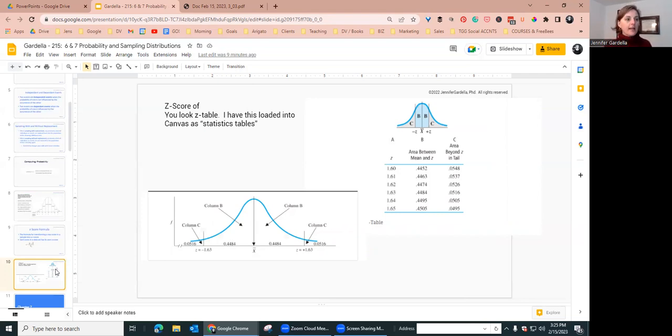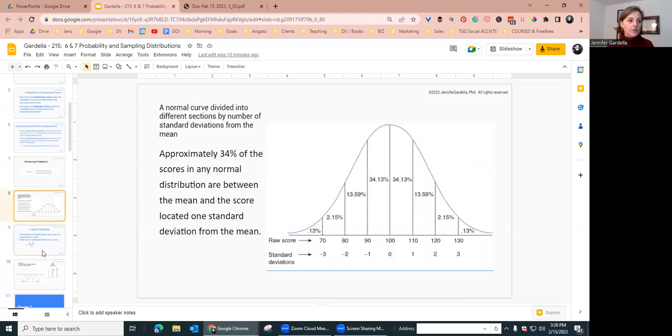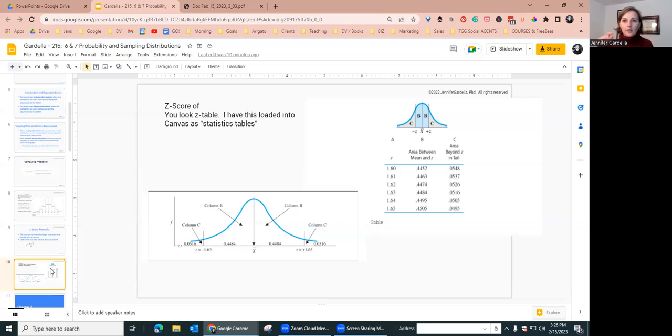So a z-score table tells you that if you get a z-score that is not a whole number, you go into the z-score table, and don't worry, we're going to do this example in a couple different ways. You go into the z-score table and you can look to see what percentage is above and below the z-score. So while these are nice to know, now we're getting a little bit more into the details of it.